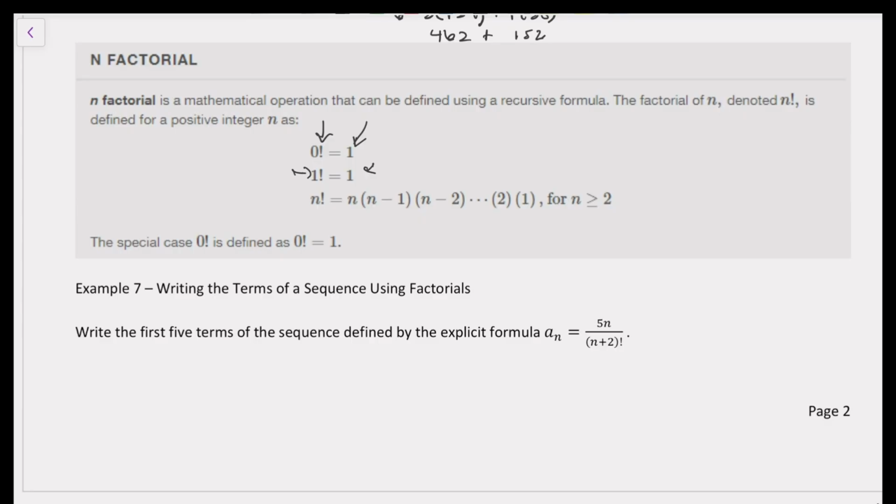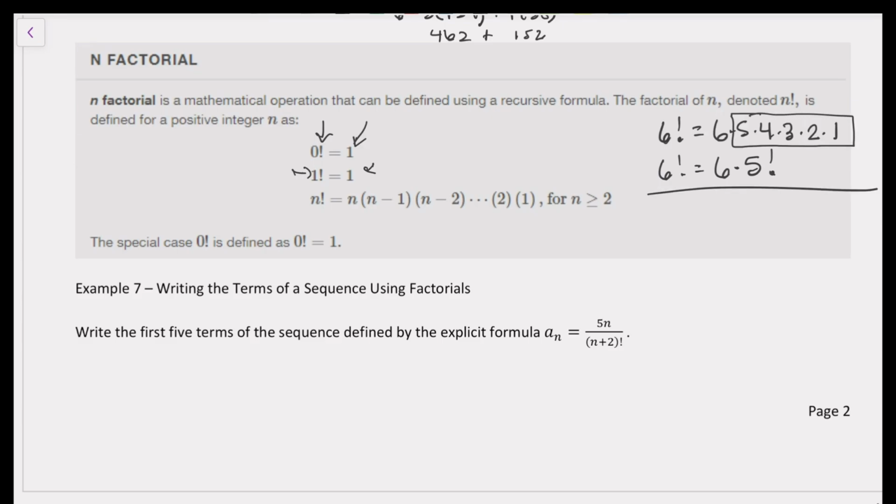So, I'll give you an example. 6 factorial is 6 times 5 times 4 times 3 times 2 times 1. Some people go, oh, well, 6 factorial is equal to 6 times 5 factorial. Well, sure, because 5 factorial is 5, 4, 3, 2, 1.